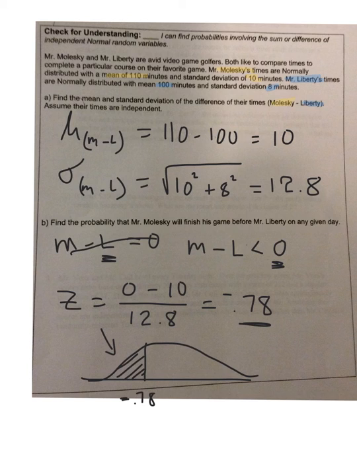So let's do normal CDF, with a lower bound of negative 100 and an upper bound of negative 0.78. That area under the curve is 0.217. So there's a close to 22% chance that Molsky will finish this game before Liberty. There you go. There's that one.